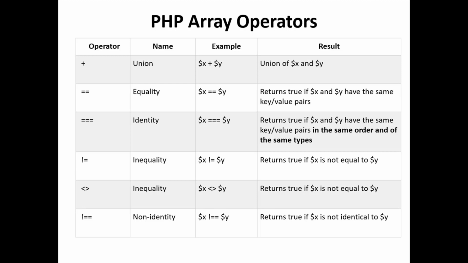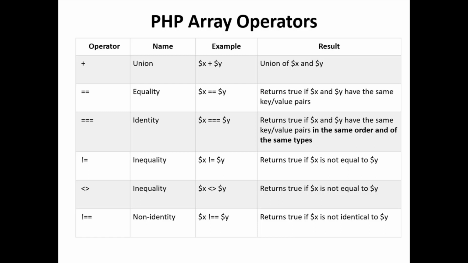Moving ahead with PHP array operators, we have certain array operators as well in PHP. That is union, equality, identity, inequality, and non-identity. That is all the PHP array operators. On the left-hand side, we can see their symbols and how they are used in PHP programming.